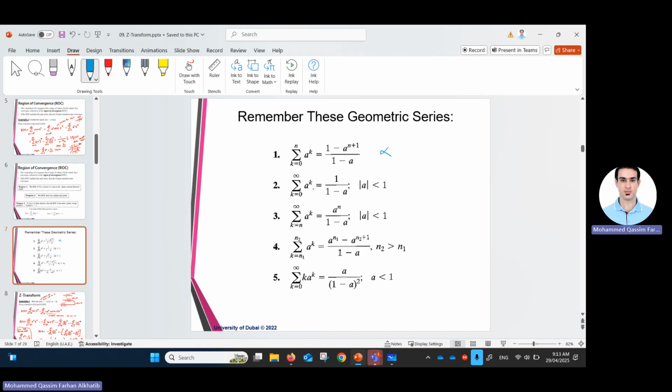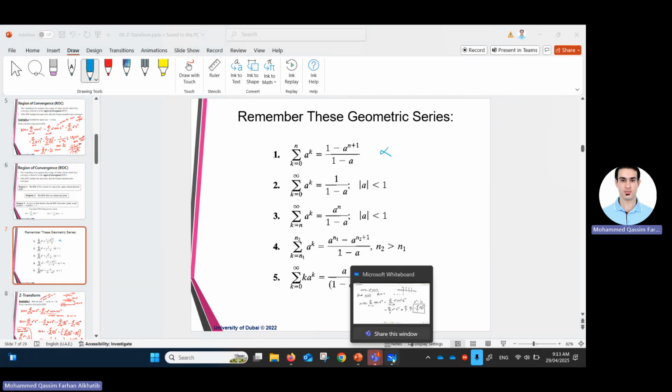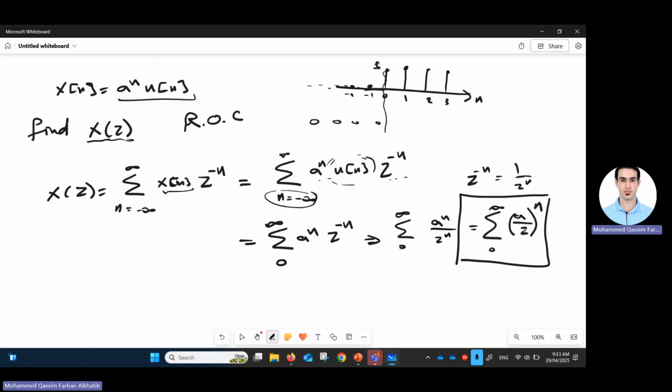Now I will look at the expression a to the power k. And here I have a over z to the power n. So basically, this is the summation. This one is similar; there a is related to a over z.